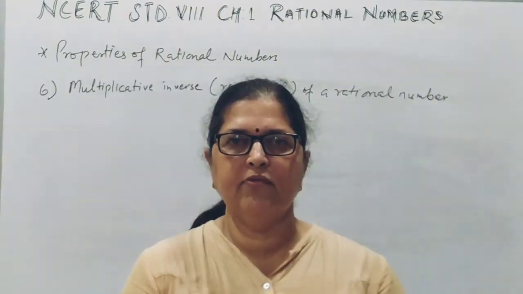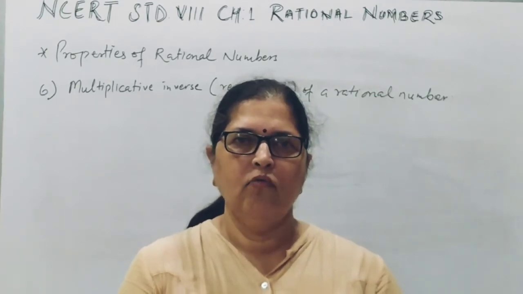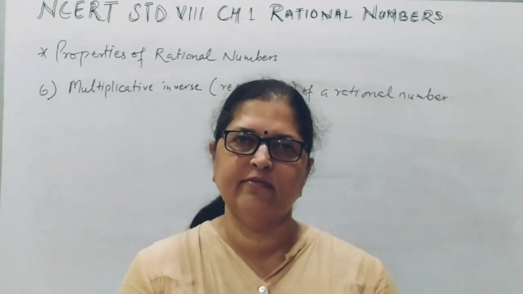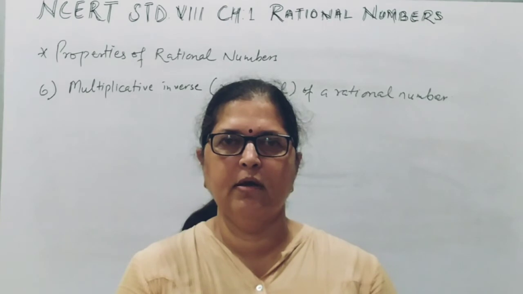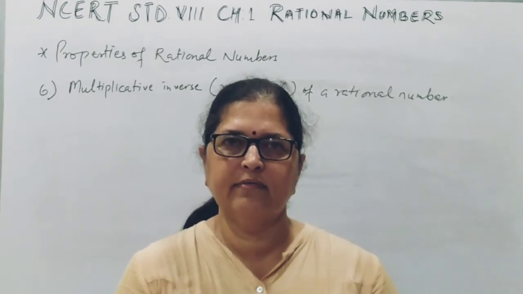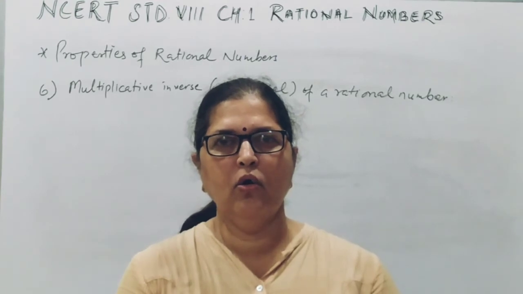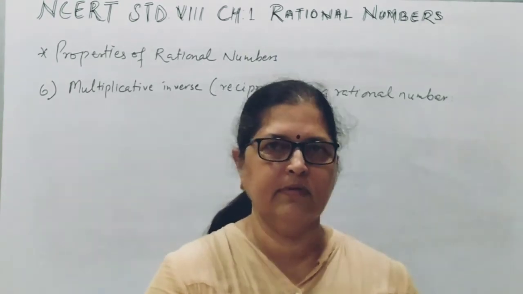Next, multiplicative inverse or reciprocal of a rational number. What is multiplicative inverse or reciprocal of a rational number? The number which on multiplying with the given number gives 1 as the product is known as the reciprocal or multiplicative inverse of that rational number.